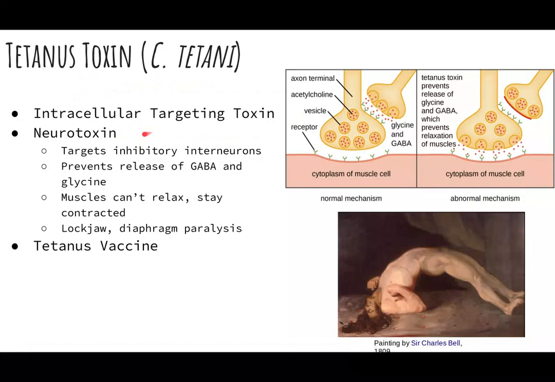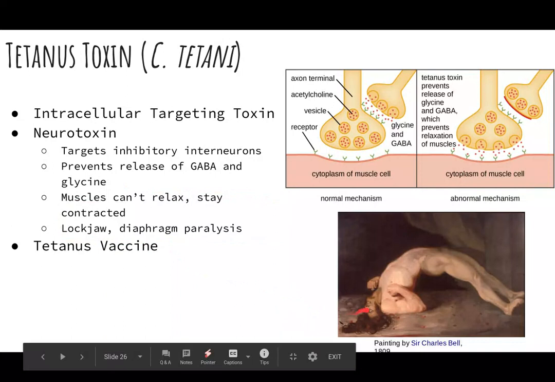It targets inhibitory interneurons and prevents them from releasing GABA and glycine, which are the signals for the muscles to relax. Since the muscles can't relax, they stay contracted, and it's going to lead to lockjaw, eventually paralysis of the diaphragm, leading to suffocation. There's a very characteristic arching of the back that is a sign of tetanus.